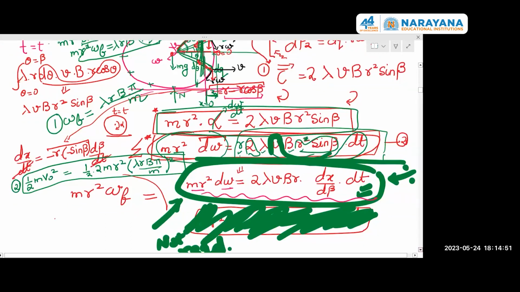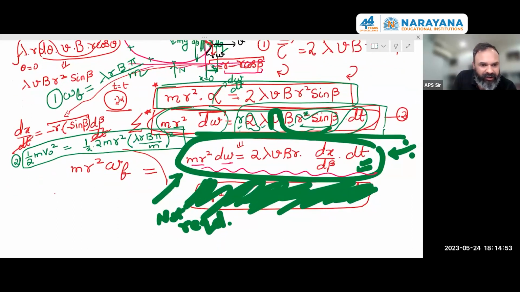Then I said that at a general point of time, the angle which is inserted inside the magnetic field, if I say at a general position, this angle is beta. Think of this system like a disk. Let me just explain it more beautifully. Think of it like a disk and draw a line on the disk, which is radial.